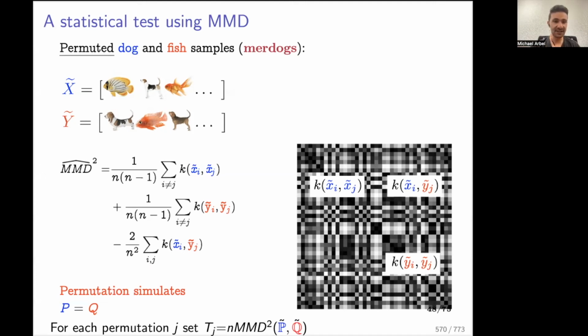But the thing is, we know for sure that X tilde and Y tilde have exactly the same distribution because they are just taking samples and shuffling them all around.